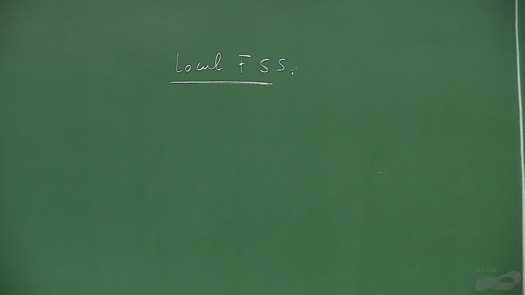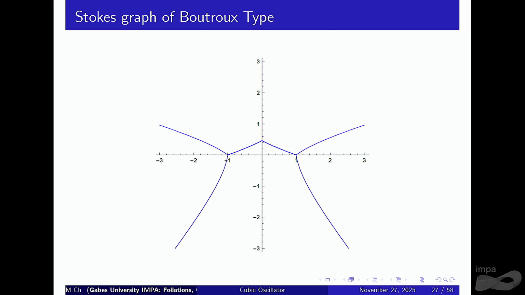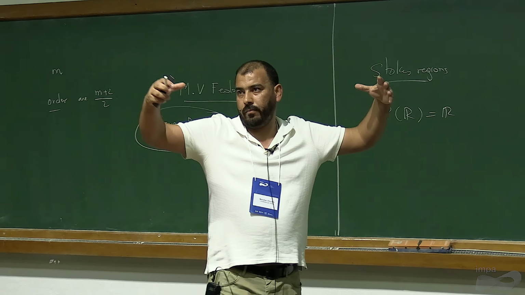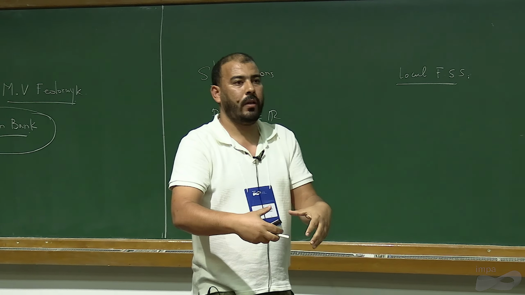So what does this classification tell us? In the classical case, as we had seen, we get information outside a large disk, and we don't know what happened in the interior of the disk.